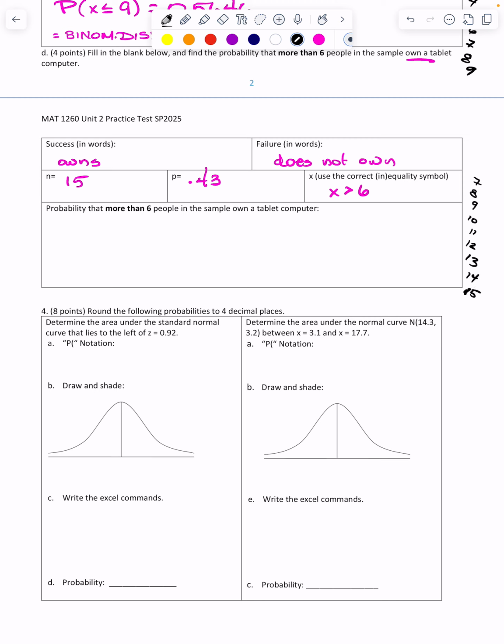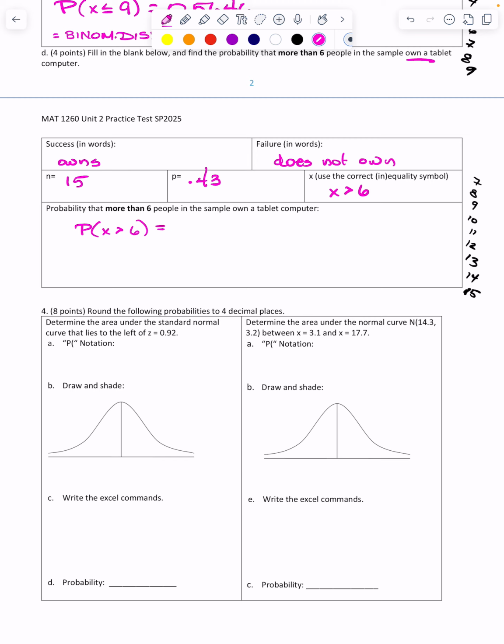And keep in mind when I say the values we're adding, they are the probabilities for each of these. So binom.dist for 7, 15, 0.43, 0, plus binom.dist for 8, and so on. So we got the probability that X is greater than 6.